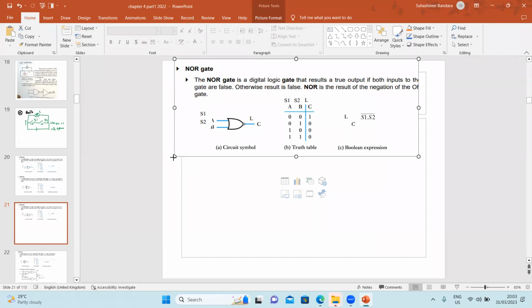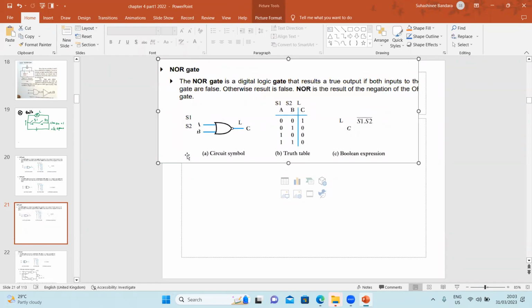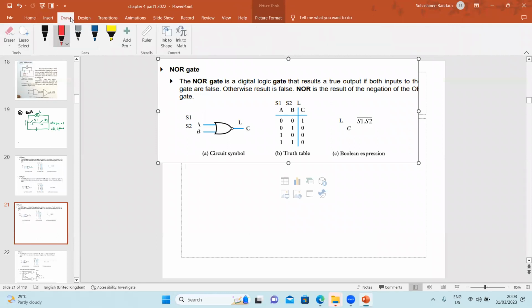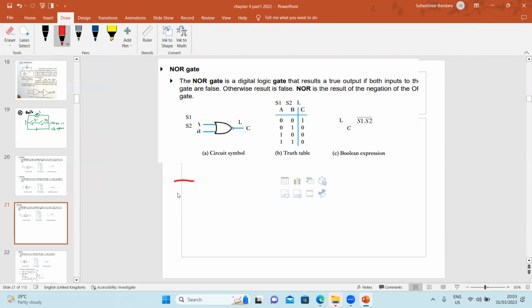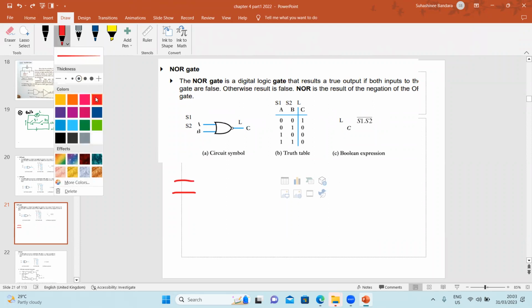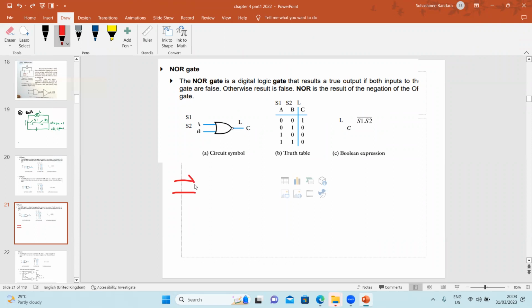So how can we draw the NOR gate? NOR gate means we are drawing the OR gate, then in front of that there should be the NOT gate. OR gate has a little bit of curve shape, not the flat, and there is a pointer.